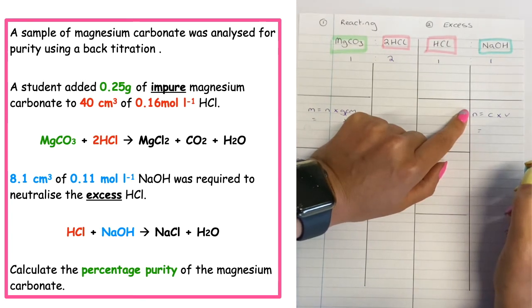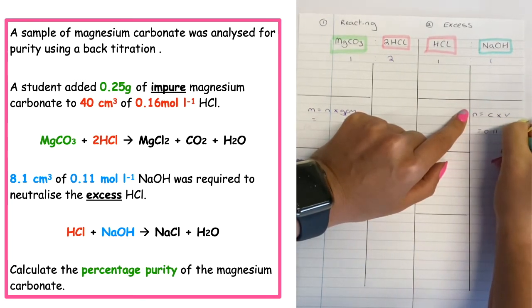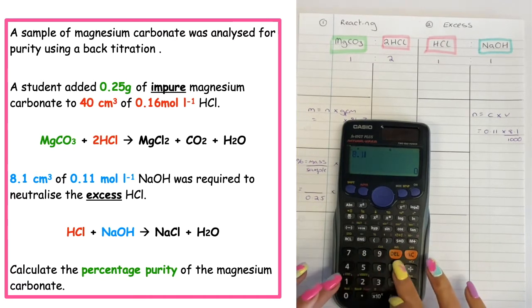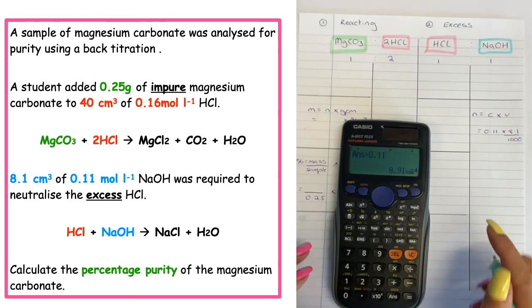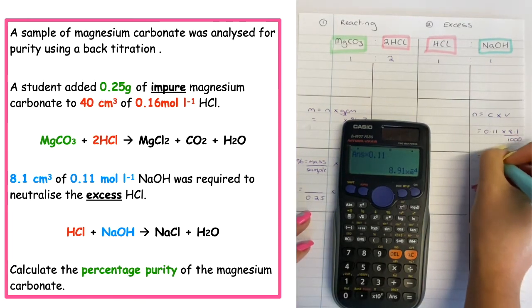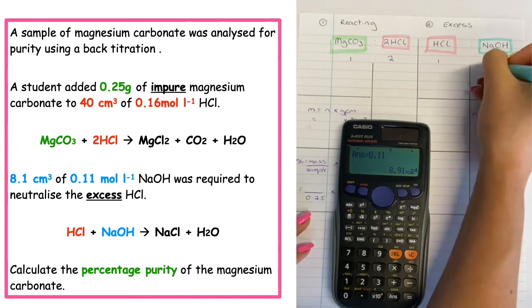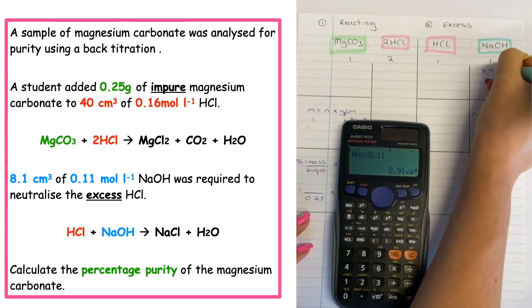The concentration we are given is 0.11 mole per litre, times by 8.1 divided by 1,000 to put it into litres. So 8.1 divided by 1,000 times by 0.11 gives us 8.91 times 10 to the minus 4 moles. That's what we actually have. So we need to cross multiply to scale for our mole ratio.